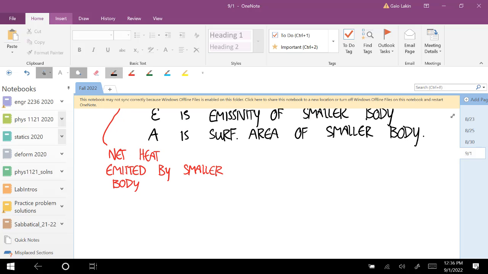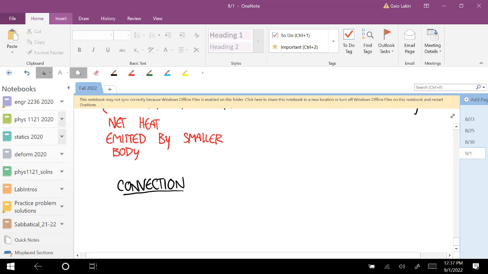And then the last one is convection. This is when heat is carried to a new location by moving particles.